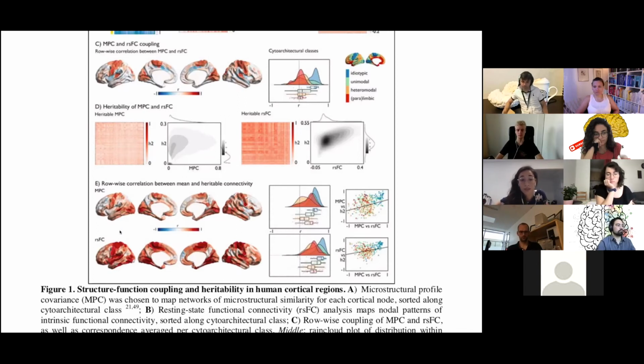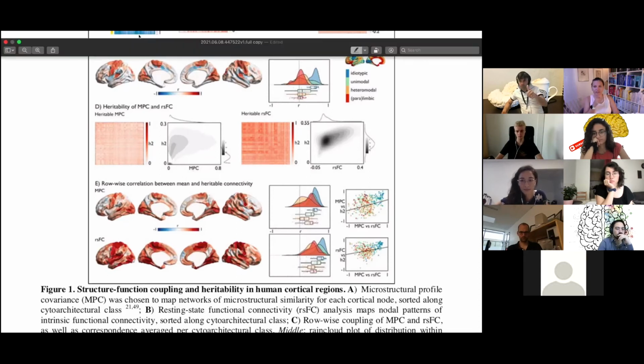And this is what the paper shows here, and the cause of this inter-individual variability is genetic.